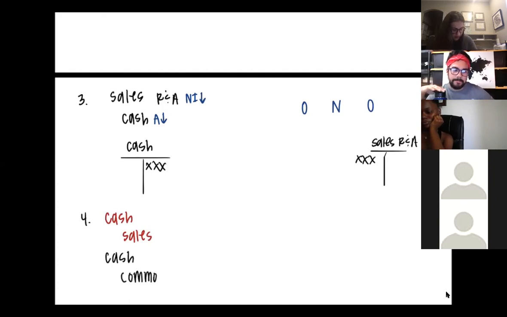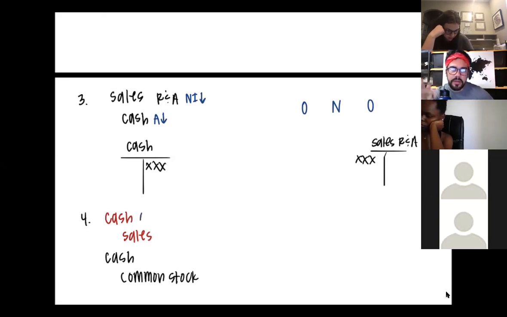Does common stock affect assets, liabilities, or net income? No. I don't think it affects it. Common stock is an equity account, but it doesn't affect net income. Right.